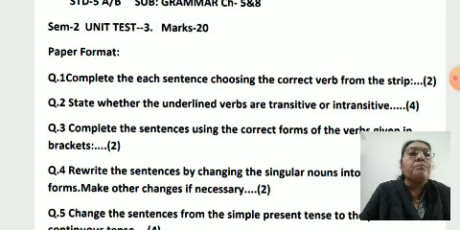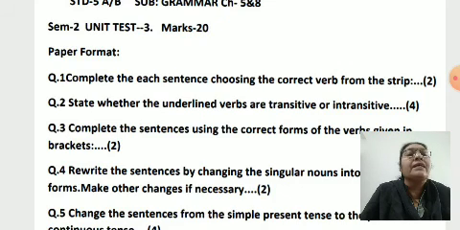In simple present tense, we put the verb with s, es or ies as per the respective subject. In the third person singular, he, she, it and a singular name, we put the verb by adding s, es or ies.